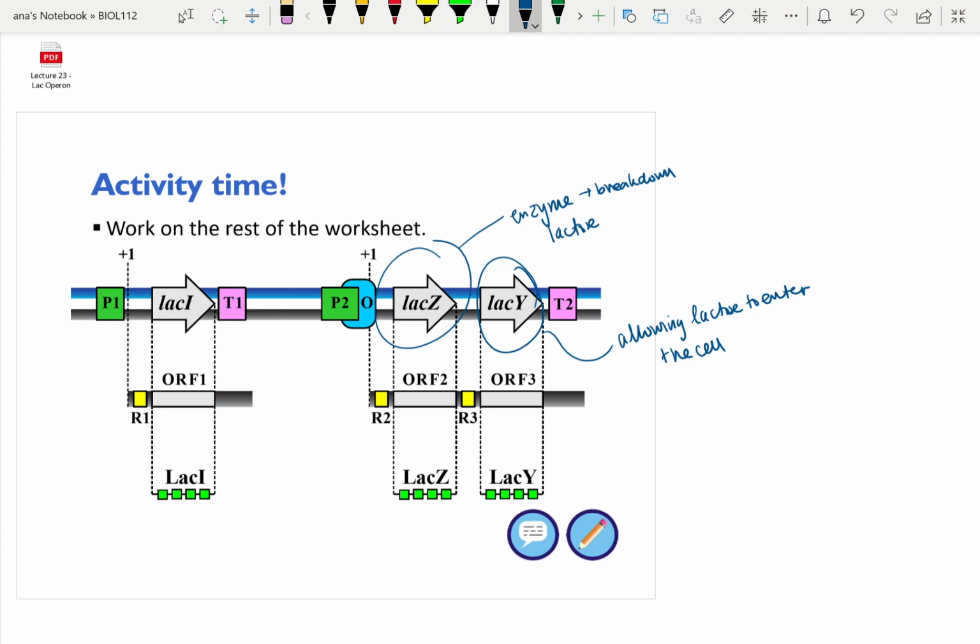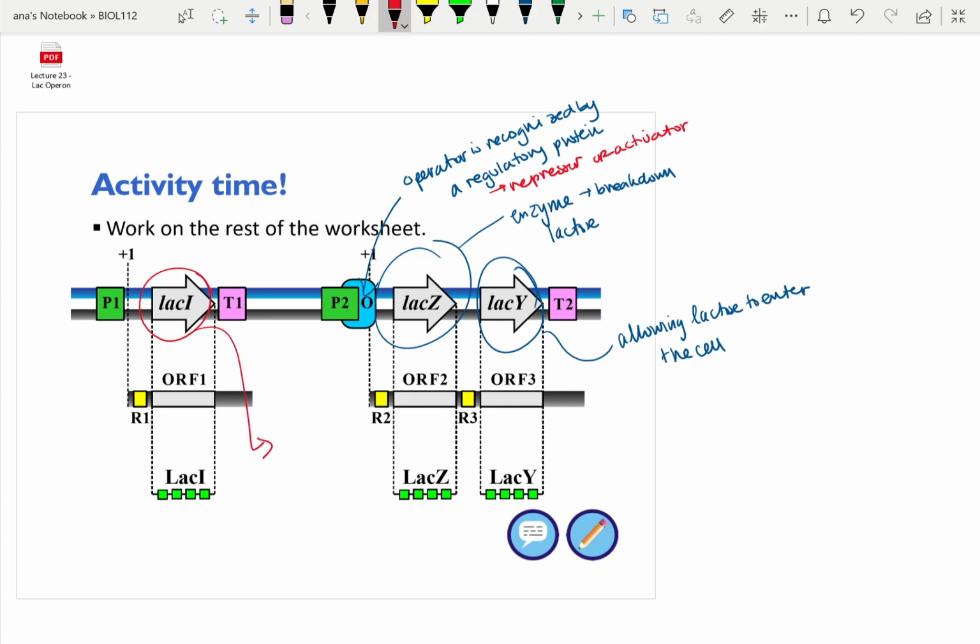What I mean by that is that operons generally have an operator region, which is just a sequence on the DNA that's recognized by a regulatory protein, which is a repressor or activator.